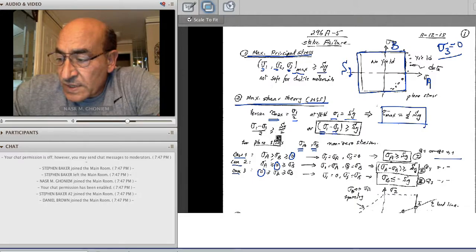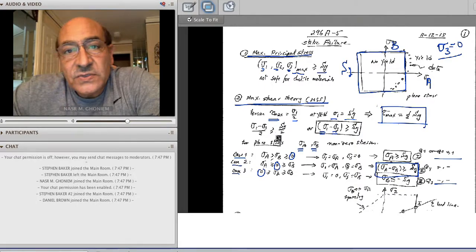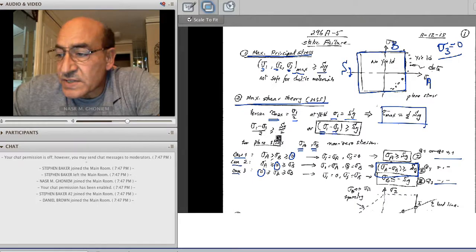Two of them, 1 and 3, are basically in quadrant 1 and quadrant 3. And the second one gives us the condition that sigma A minus sigma B is equal to S yield, which is the equation of a straight line.